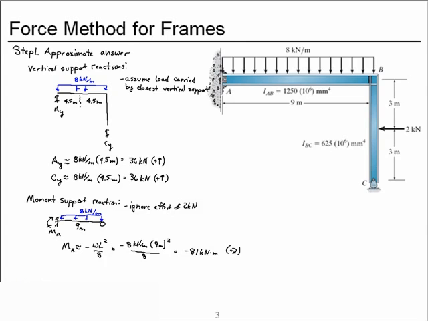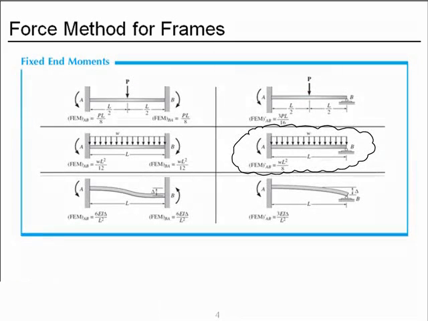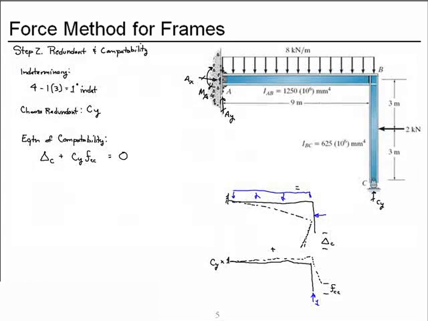Then we said, what if we idealize this frame by ignoring member BC, ignoring the impact of the relatively small concentrated force on the moment reaction at A, and we used information from the back cover of our textbook in order to calculate the moment for an indeterminate beam fixed at one end, roller at the other, uniformly loaded.